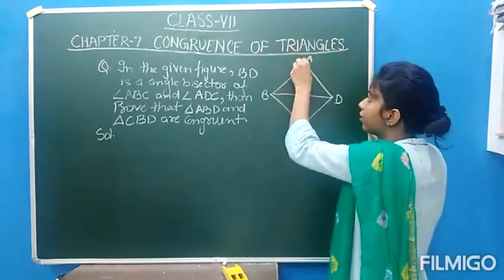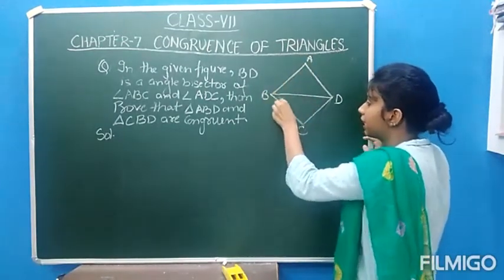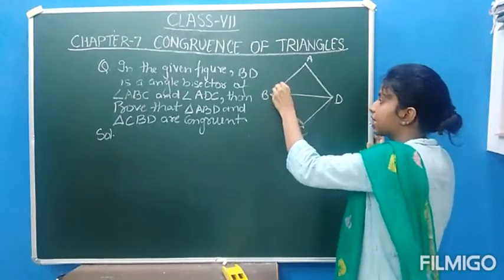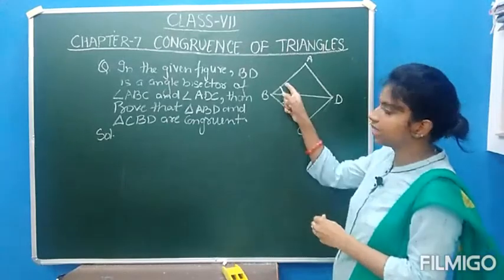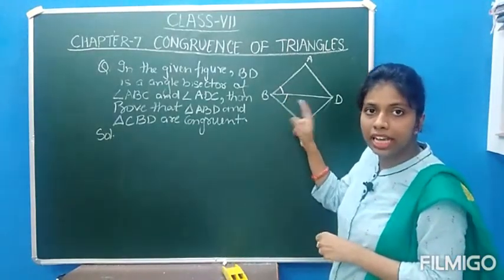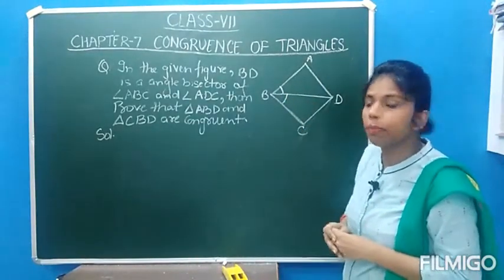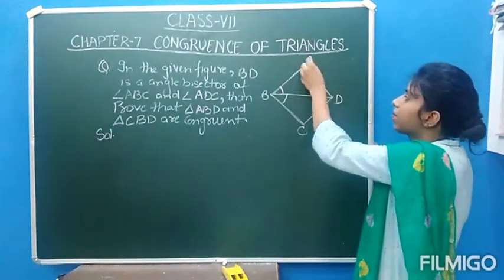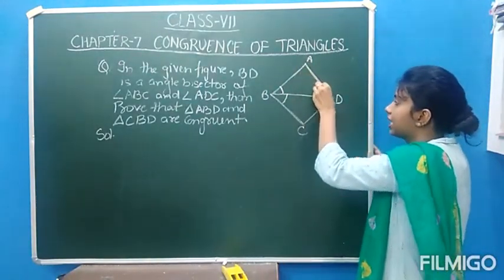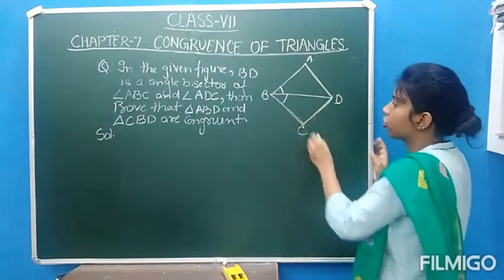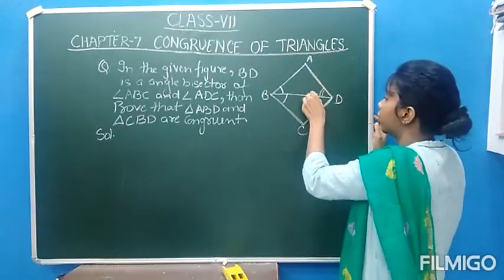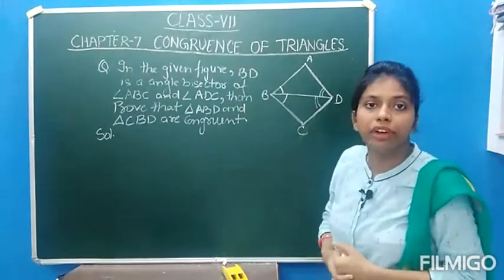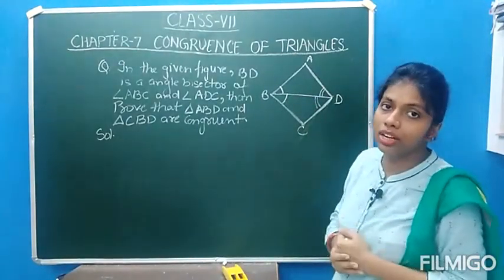We can say that BD is the bisector of angle ABC, which means this is going to be equal. Angle bisector means they are going to divide this angle into two equal parts. Similarly, BD is the angle bisector of angle ADC, so this angle is also going to be equal to this, because an angle bisector divides the angle into two equal parts.